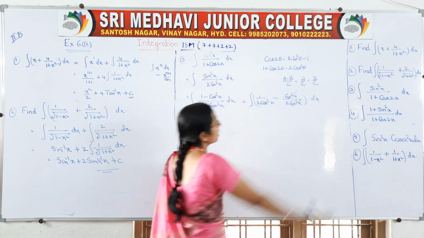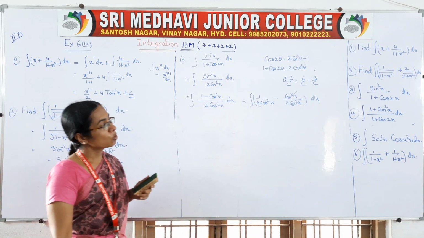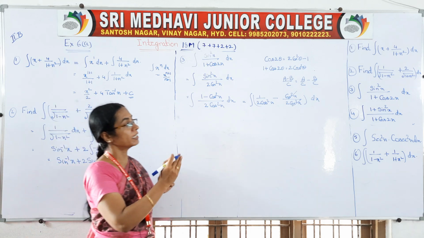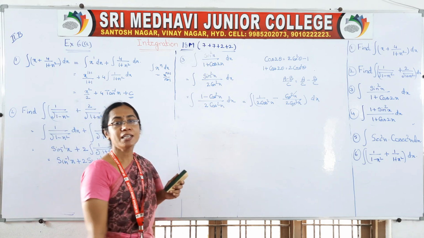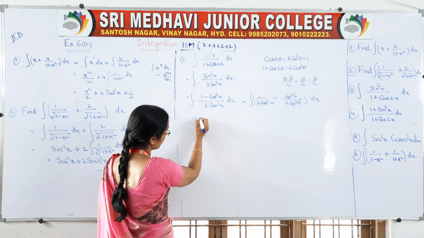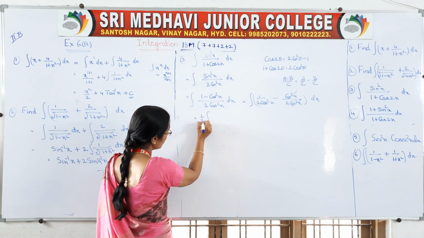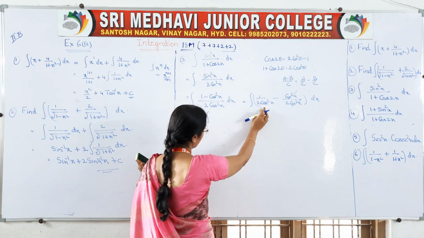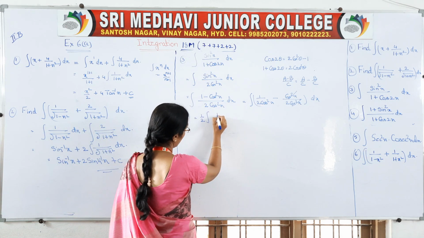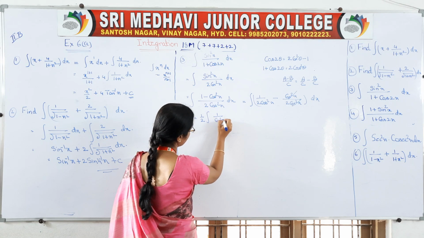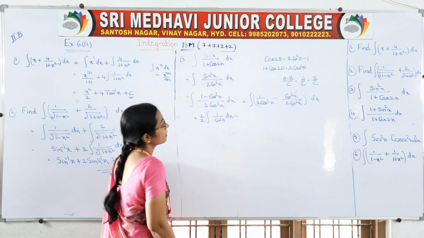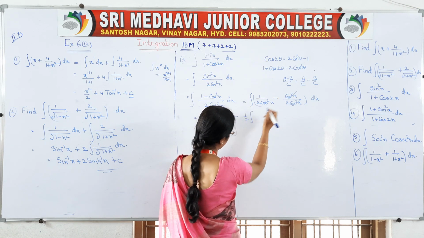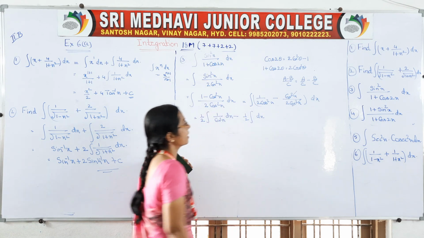Cos square x cancels. So inside the integral a minus sign is there. Whenever inside the integral there is plus or minus, we have to take separate integrals. I think slowly you are getting used to the formulas and enjoying the integration. Very nice topic. So 1 by cos square x dx minus, here 1 by 2 will be there, only 1 will be there, 1 into dx is dx.